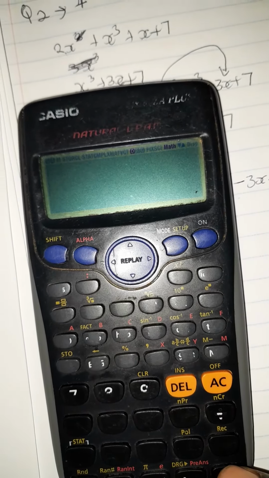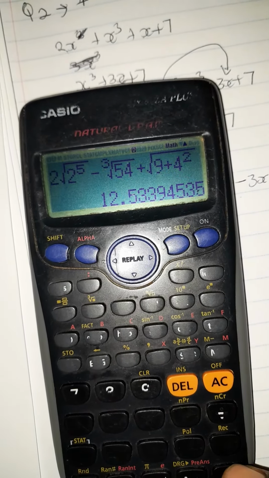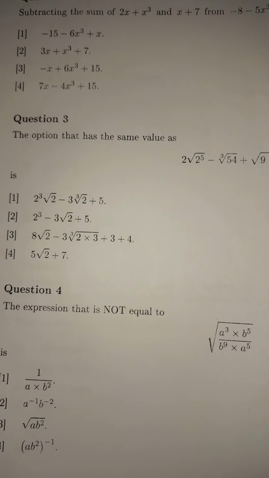What are we getting? 12.53. So definitely this is option 1. It's similar to option 1. So even for question 3, we can just put number 1. Then we go to question 4.